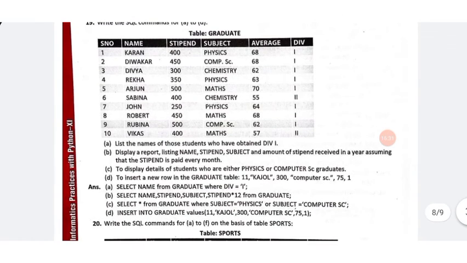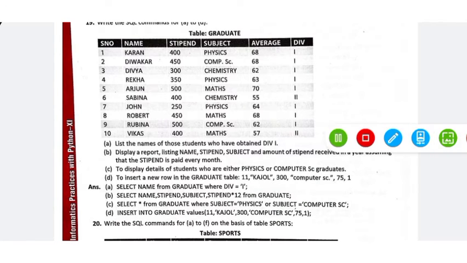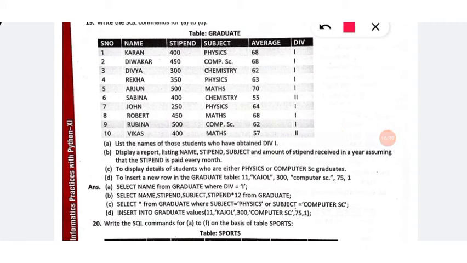The next is the table graduate. So first question, list the names of those students who have obtained Div 1. So who have obtained division 1. Let us see how we will display the names.